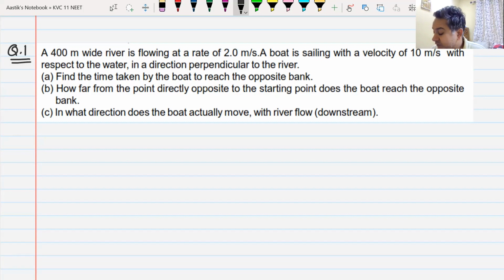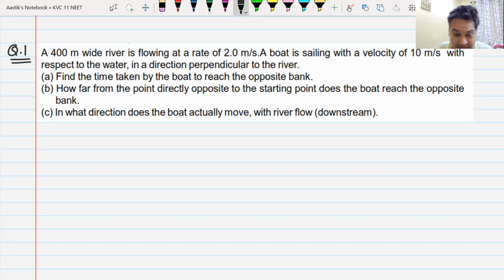Third one: what direction does the boat actually move with the river flow? Tan inverse 5, sir. Tan inverse 5. That is correct.